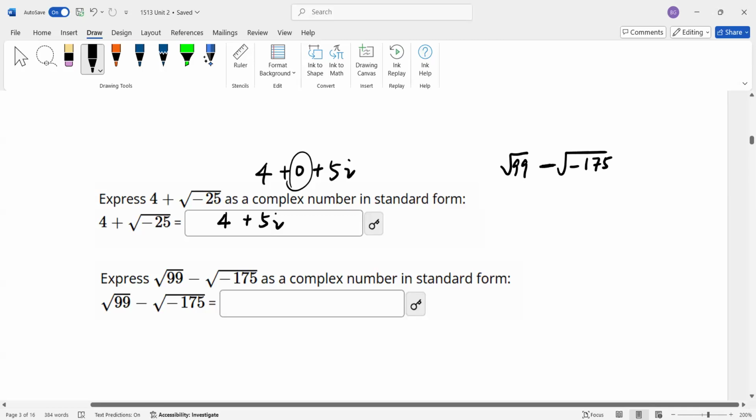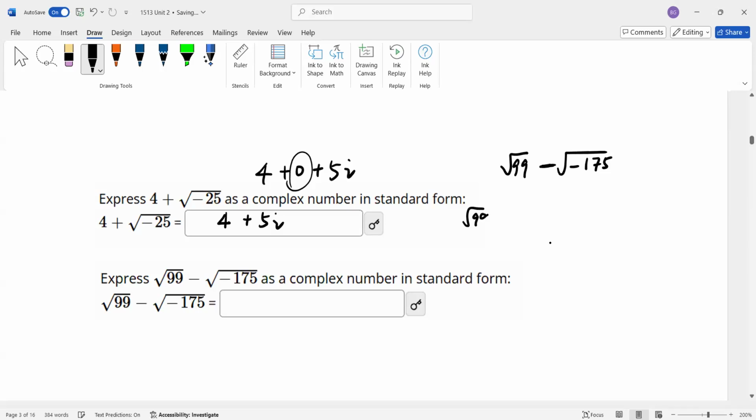Well, you still have to simplify it, okay? Even if it's positive, you still have to simplify it. Let's use the technique. 99 is 9 times 11, right? So root 9 times root 11, and we know root 9 is 3. So this part is 3 root 11.